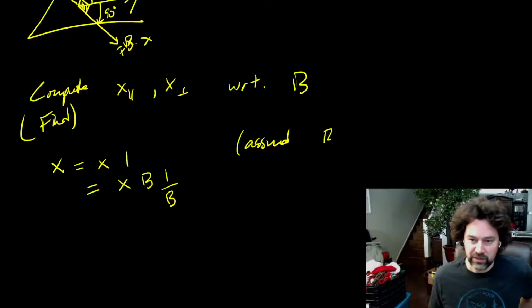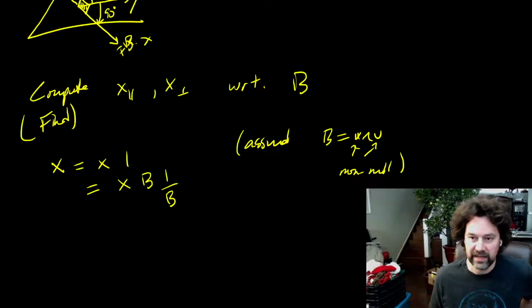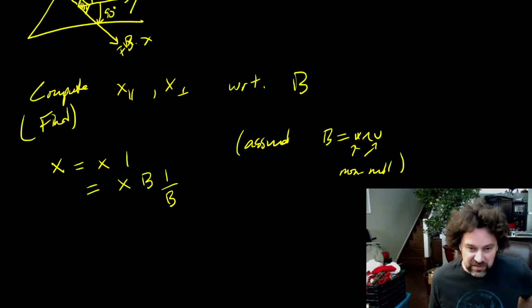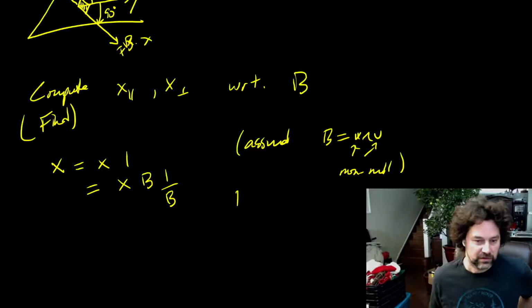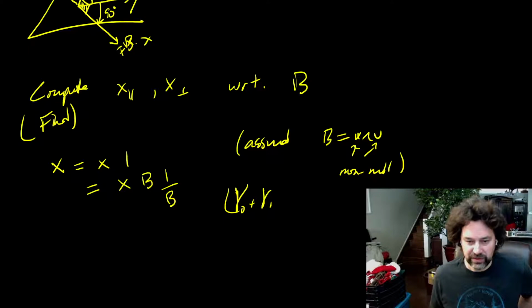So if b equals u wedge v, then both of u and v have to be non-null. So we can't have, let's say we had a relativistic space like the Dirac basis, gamma 1 plus gamma 0, if we square that, we get 0.